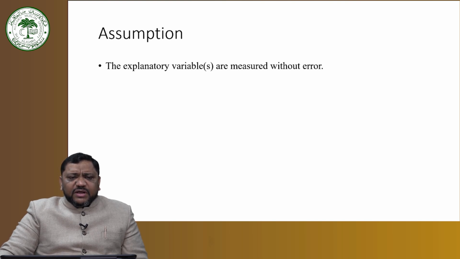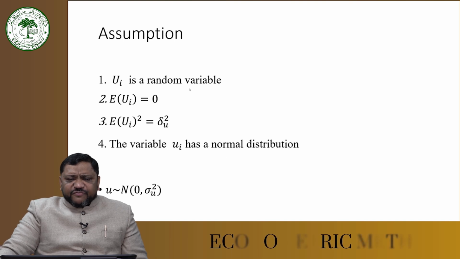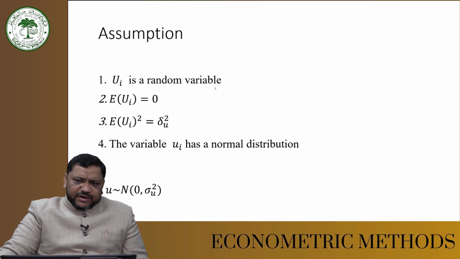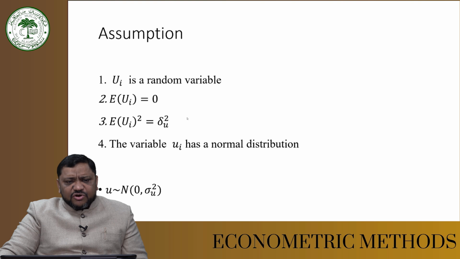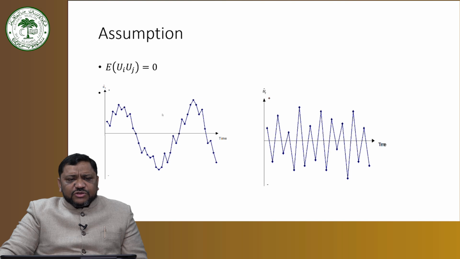So if we quickly go through the assumptions, most of them are related to the error term. The error term is a random variable, its expected value is 0, the variance is constant, and the error has a normal distribution. Then the next one was that two error terms are not correlated with each other.